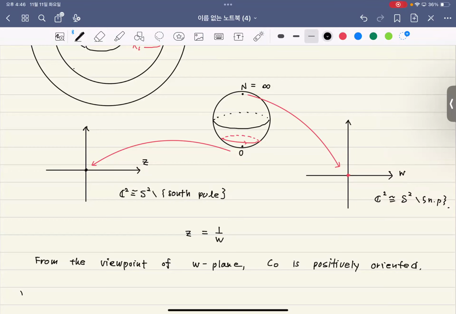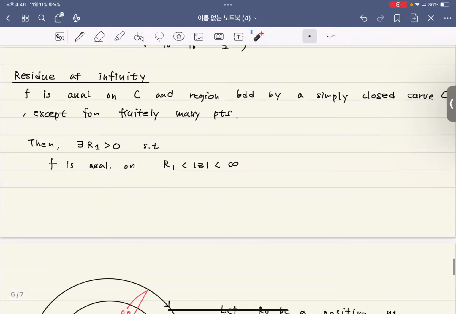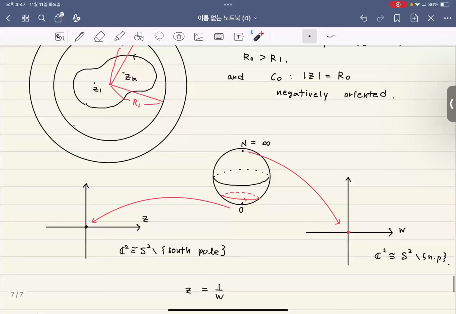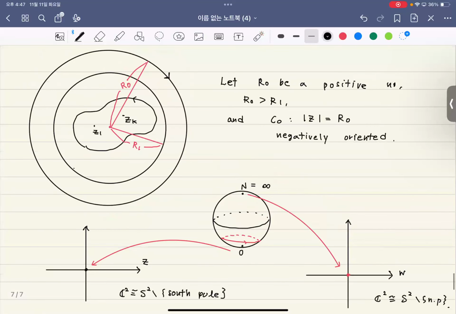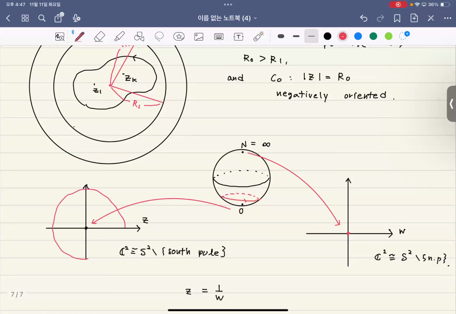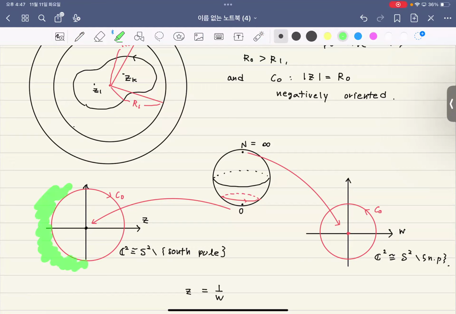I just realized that I ran out of time, but just give me one more minute. We are assuming that my function f of z is analytic outside of this circle. So this is my circle C0, which is negatively oriented in the z plane, but positively oriented in the w plane, and my function f is assumed to be analytic outside.